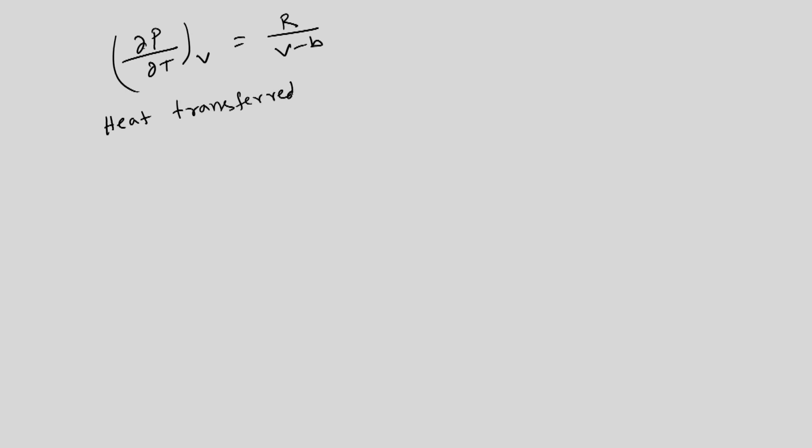So we can write del P by del T at constant volume is R by (V minus b). Heat transferred: del Q is T dS.